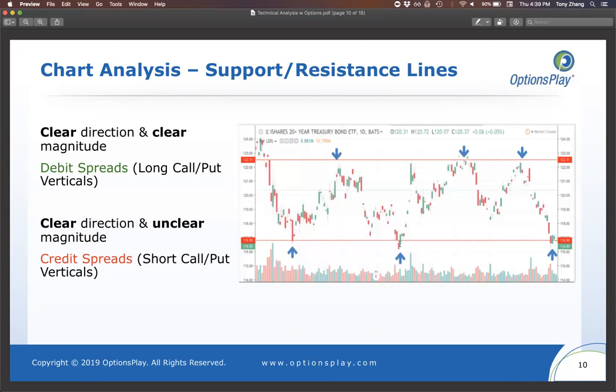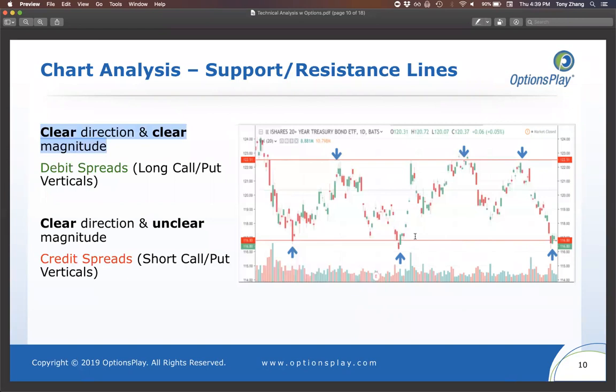And when it hits a floor, the outlook is that the stock will no longer go any lower and is likely going to bounce higher. And when it hits a ceiling, that's when the stock is unlikely to move higher and is likely going to bounce lower. So there's really a few different ways that you can look at support or resistance lines. In my opinion, you can either see a clear sense for direction and a clear sense for magnitude.